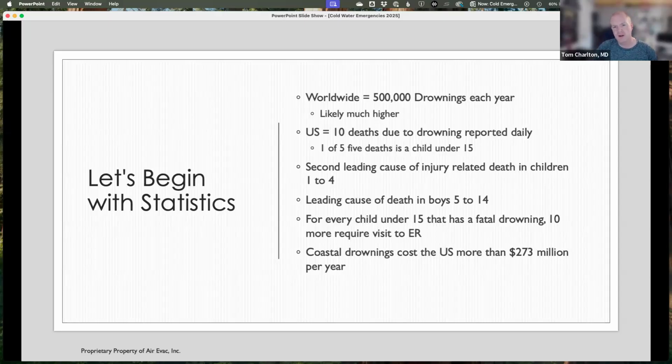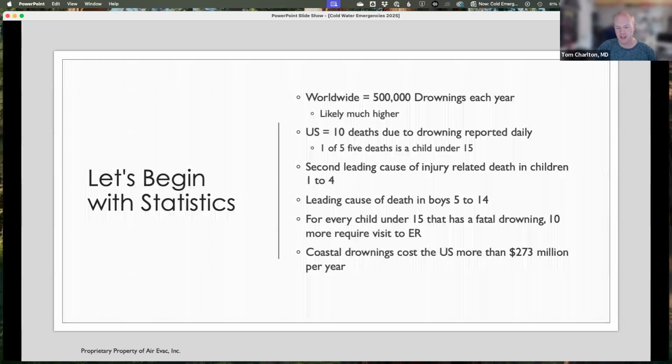For every child that has a fatal drowning, 10 more require a visit to the ER. If you're in a water heavy area, like where I was up in northern Michigan, we would see non-fatal drownings almost every shift during the summer because somebody would have gone under or needed rescue. And that adds up.